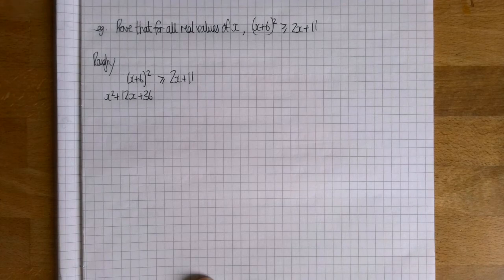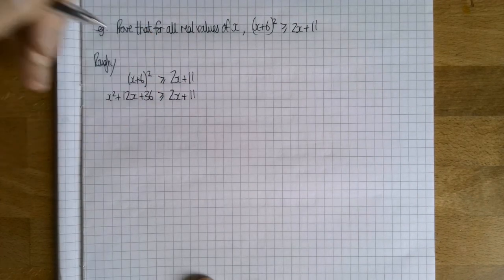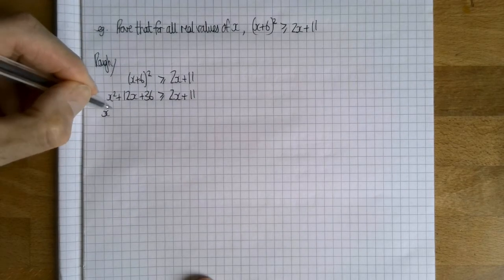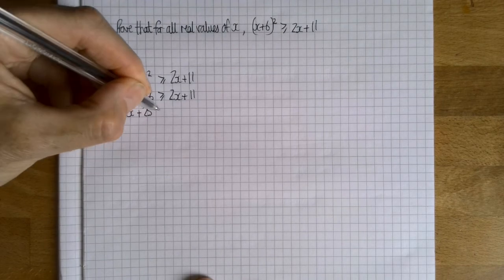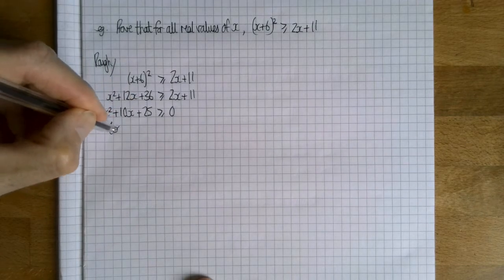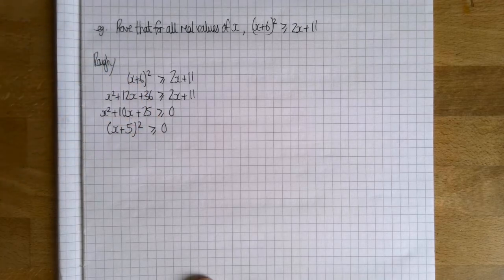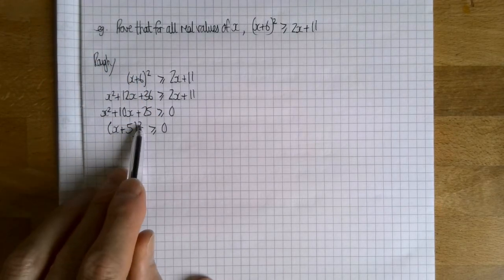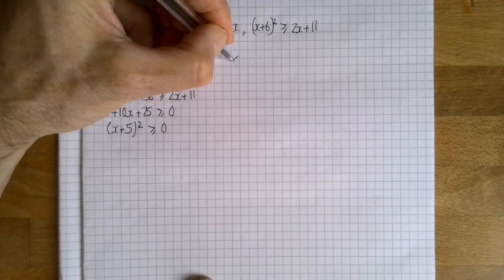If I multiply that out, take away 2x from both sides, take away 11 from both sides, then I spot that this can be factorised. And I'm there, aren't I? Because this is something squared, and I know anything squared is always going to be greater than or equal to 0. So here's my solution.